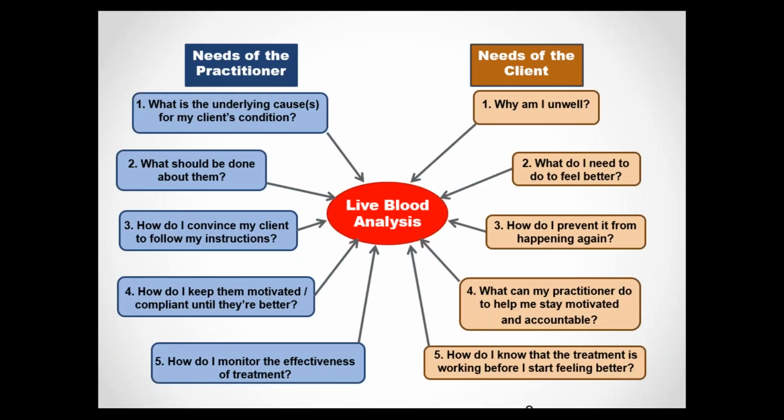And do you do a live blood analysis test on every client who comes to see you? Oh yes, absolutely, I do. I really can't imagine not using live blood analysis in practice, because it helps to guide me so much in my practice. There really is no other test that can compare with live blood analysis in its ability to detect the most important health challenges that any particular client may have, as well as being able to monitor how the condition improves with treatment.